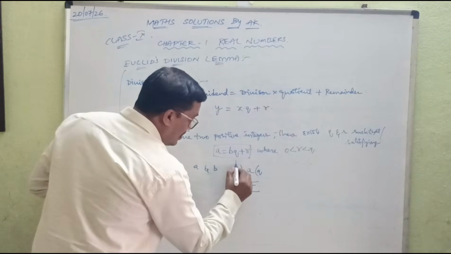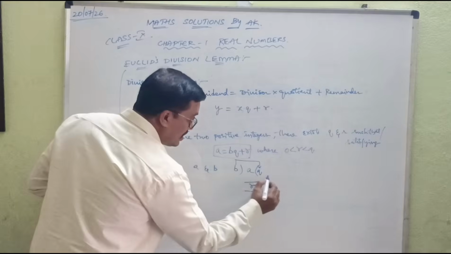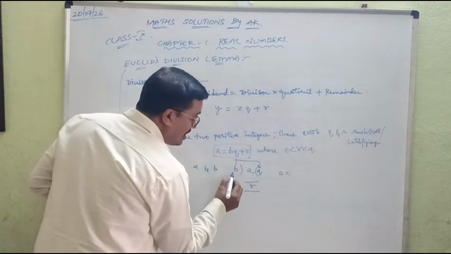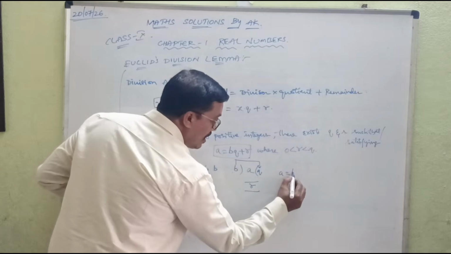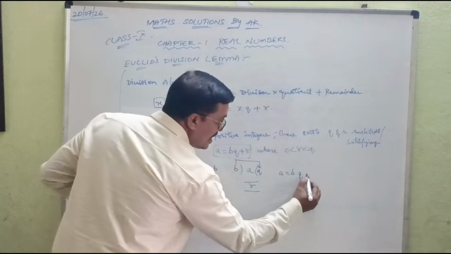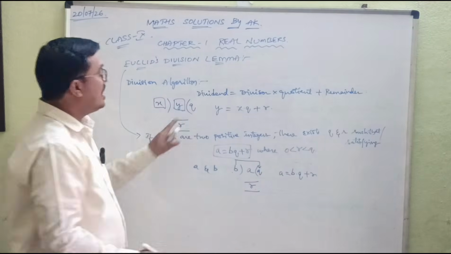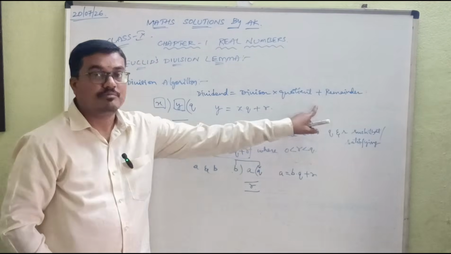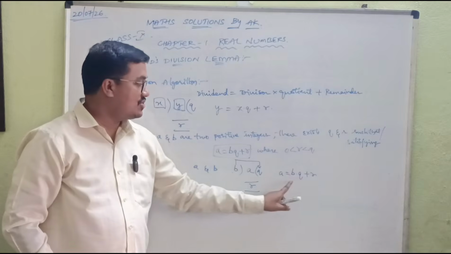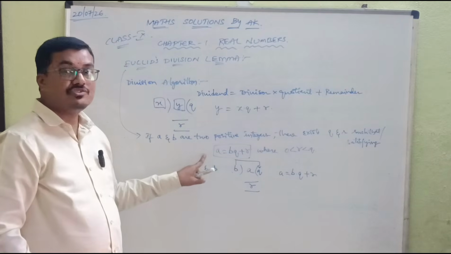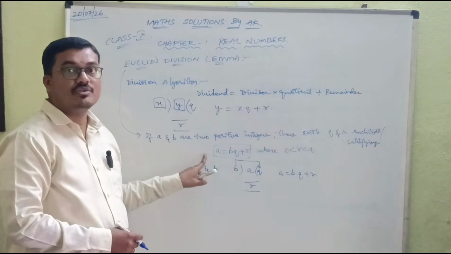So dividend a is equal to divisor b into quotient q plus remainder. Dividend is equal to divisor into quotient plus remainder. That is, a is equal to bq plus r. That itself is your Euclid's division lemma.